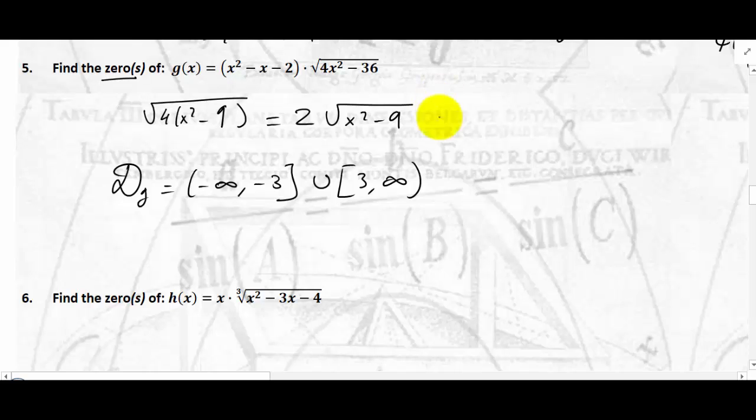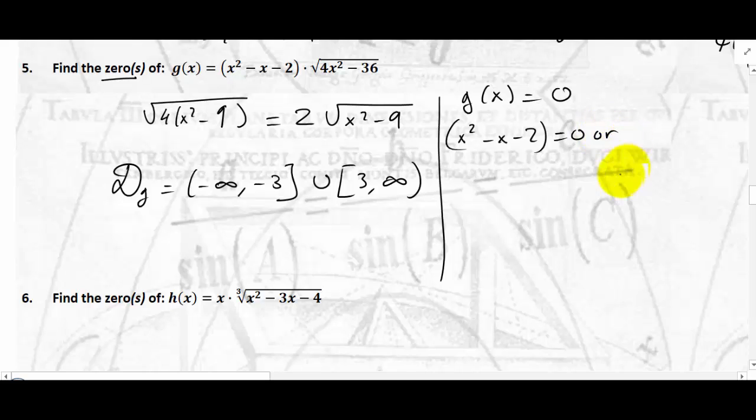Now, let's find the zeros. So you want to solve the equation g of x equal to 0. And so you have either x squared minus x minus 2 equal to 0, or the other one, the root, square root of 4x squared minus 36 equal to 0. Well, we know where this is 0. This is 0 at plus or minus 3.